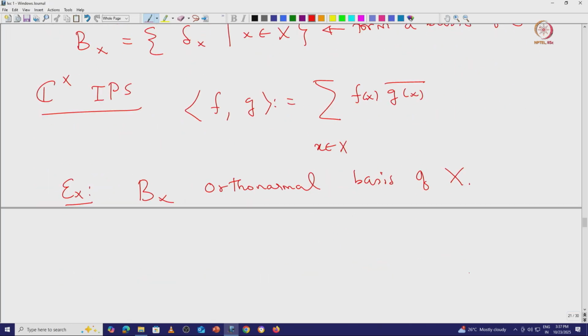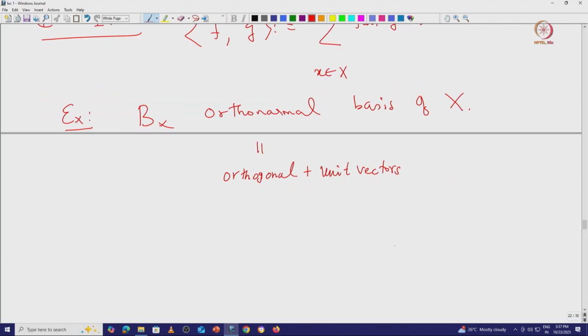Orthonormal means orthogonal plus unit vectors, orthogonal with respect to the inner product.